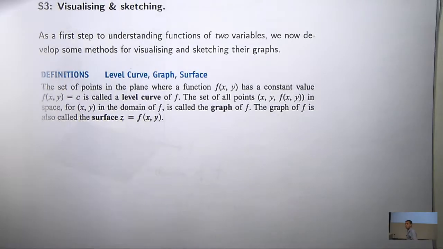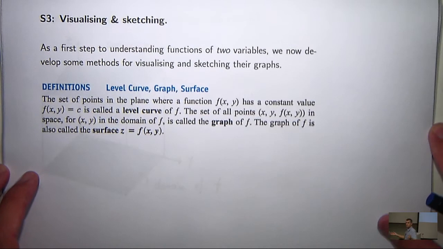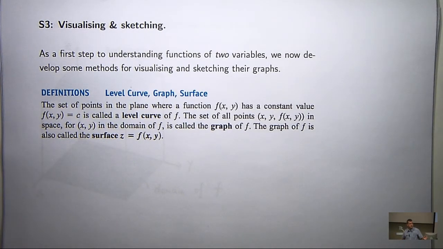Okay, so we're going to learn how to visualise and sketch the graphs of these more elaborate functions. They're going to be pretty simple, but there's a couple of definitions to look at. Okay, so I'll give you geometric drawings to really explain what these things mean.